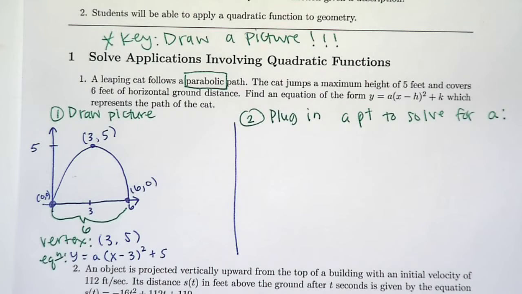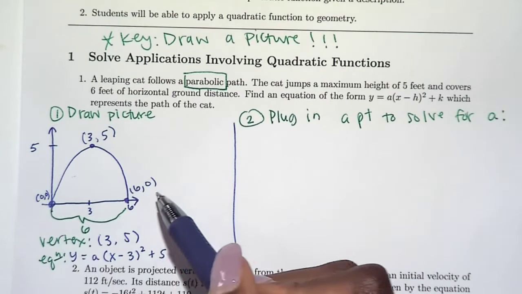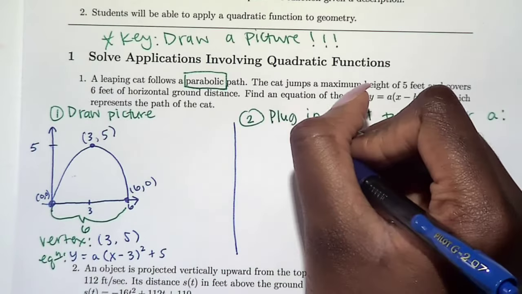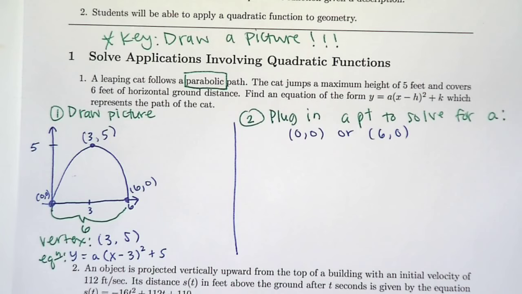So what point could we use? Well, we have two options. We could plug in 0, 0, or we can plug in 6, 0. You can choose whichever one you want and you will get the exact same answer. I'm going to go with 0, 0 because zeros are easy to work with, so that's what I'm going to use.